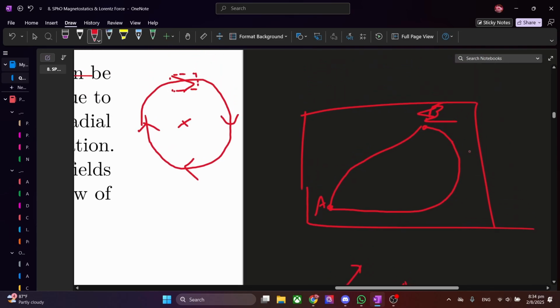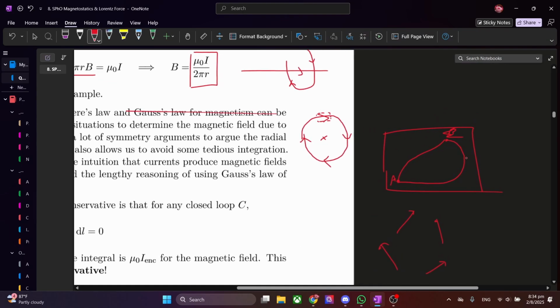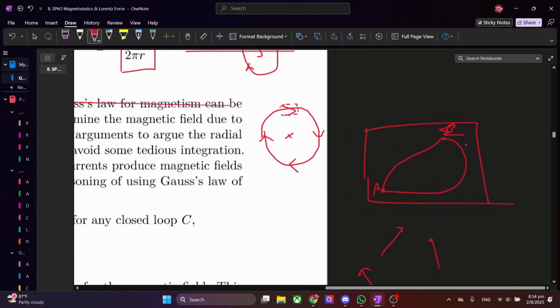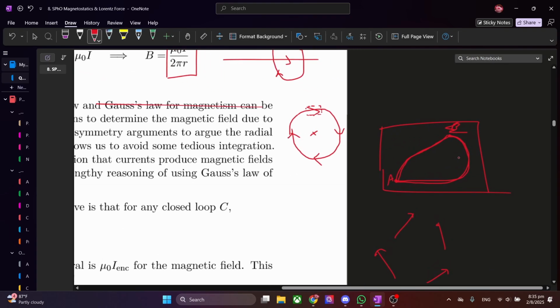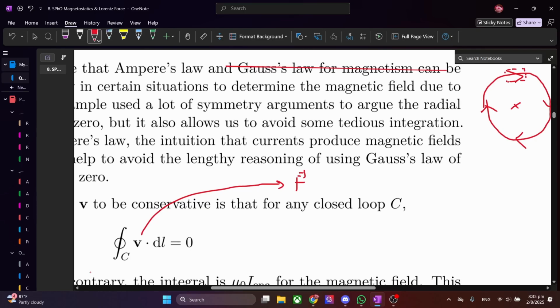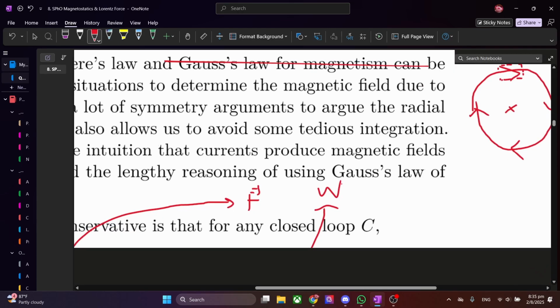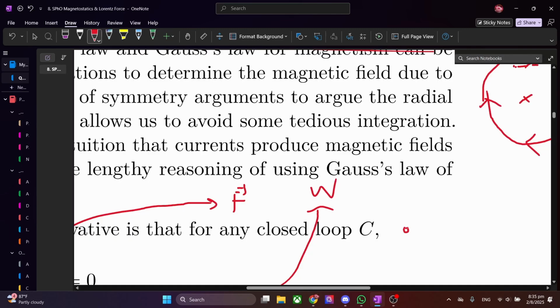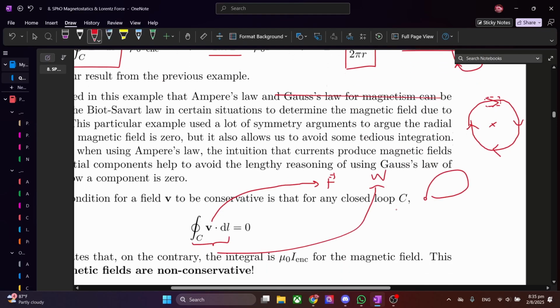If you want to relate it back to another example, such as mechanics, that basically just means that when you go here and back, your work done, for example, if this field, this is not velocity, this is a vector field, but if this meant force, then what this integral means would be the work done, and what that means is that your work done to come back here is 0.